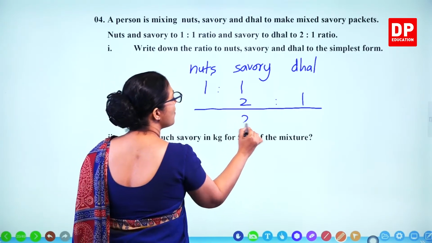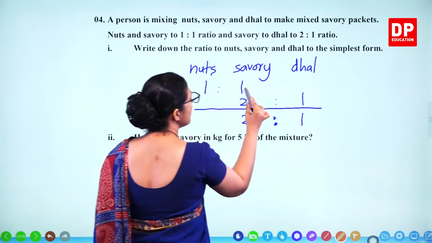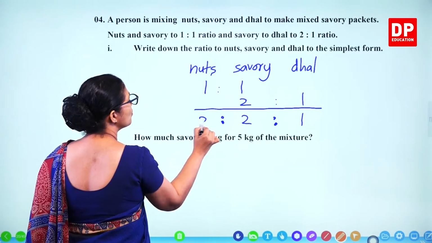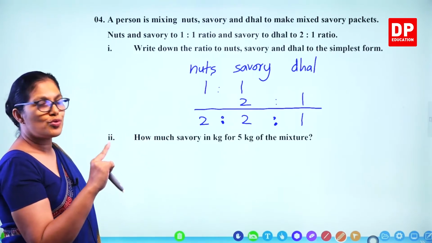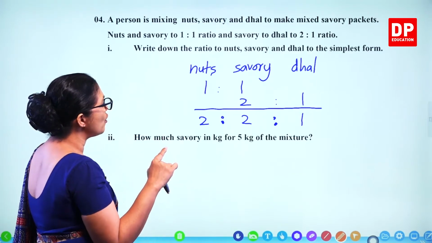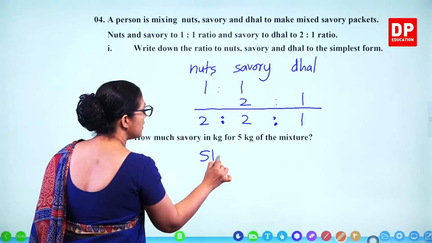So the lowest common multiple is 2. That means this is 1, and this one you have to multiply by 2. 2 times 1, 2. So 2 to 2 to 1. How much savory in kilograms for 5 kilograms of the mixture? The whole thing is 5 kilograms.